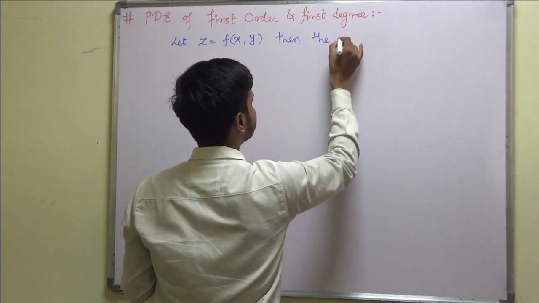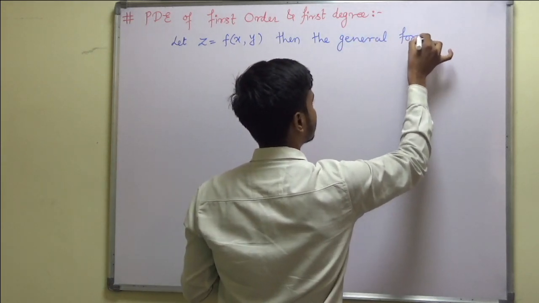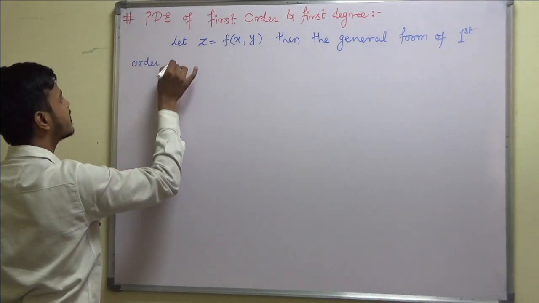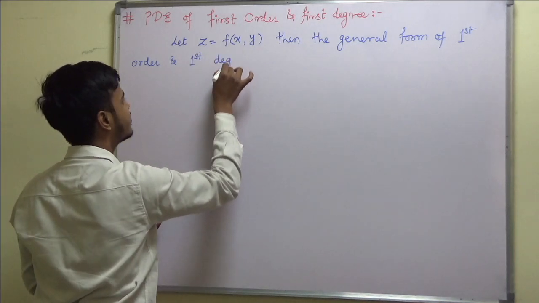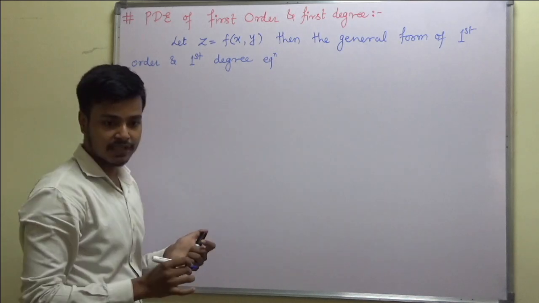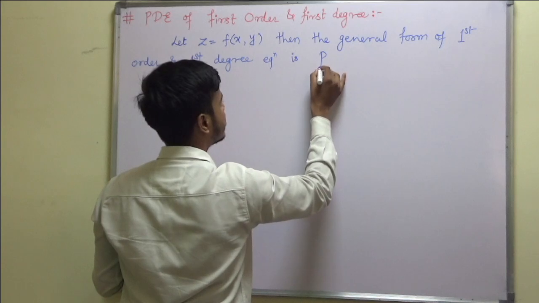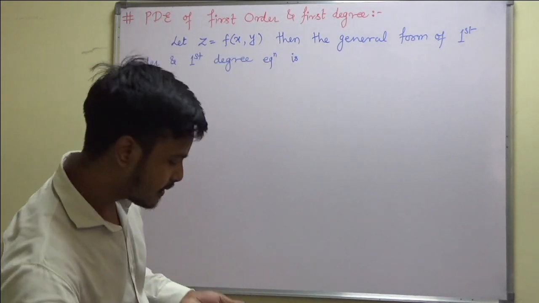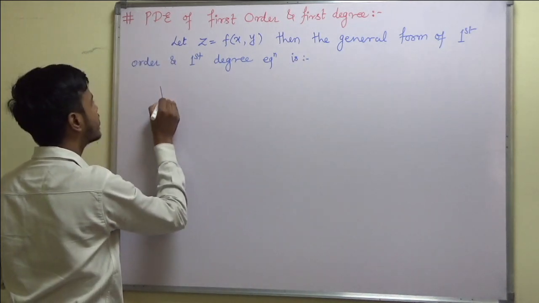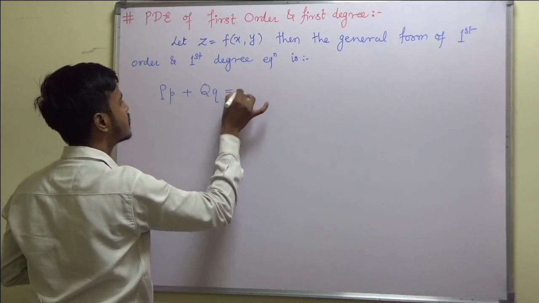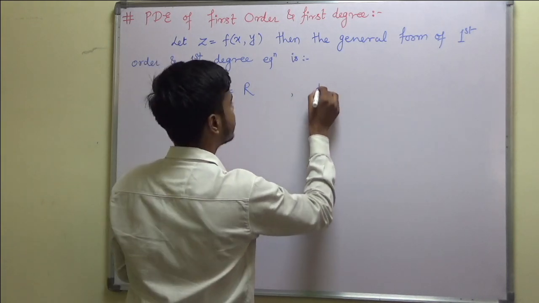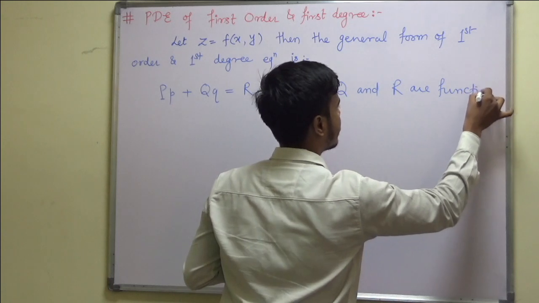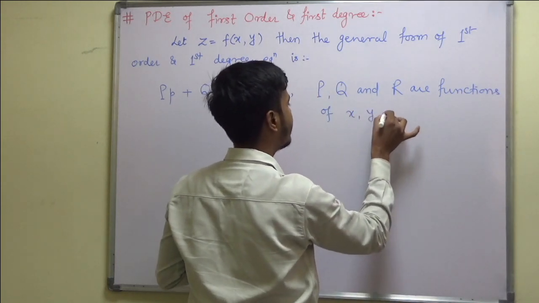Then the general form of first order and first degree equation is Pp plus Qq is equal to R, where P, Q and R are functions of x, y and z.